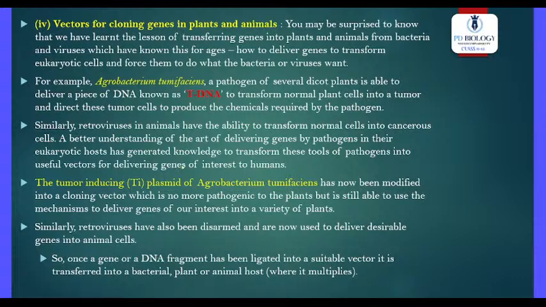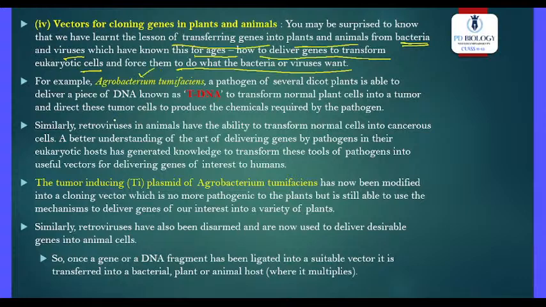So, vectors for cloning genes in plants and animals. You may not be surprised to know that we have learnt a lesson for transferring genes into plants and animals from bacteria and viruses, which have known for ages how to deliver genes to transform eukaryotic cells and force them to do what the bacteria or viruses want.